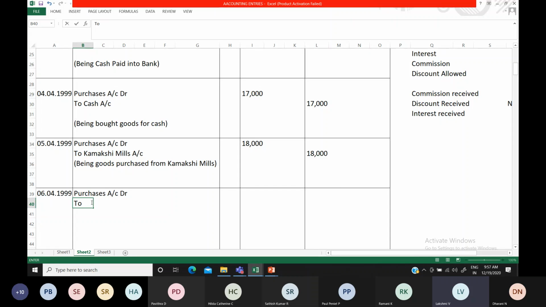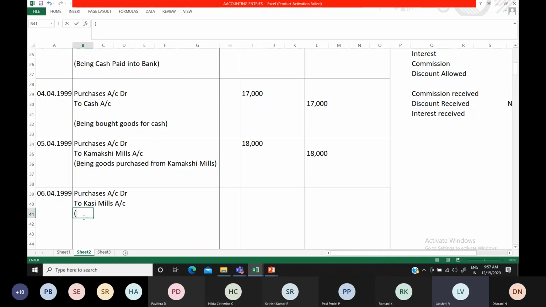But if a person's name or a company name is given, that account only you have to credit: Kasi Mills account. If cash is not given and a person's or company's name is given, credit that account. Even if it says 'for cash', we have to credit the cash account. You have to keep that in mind.